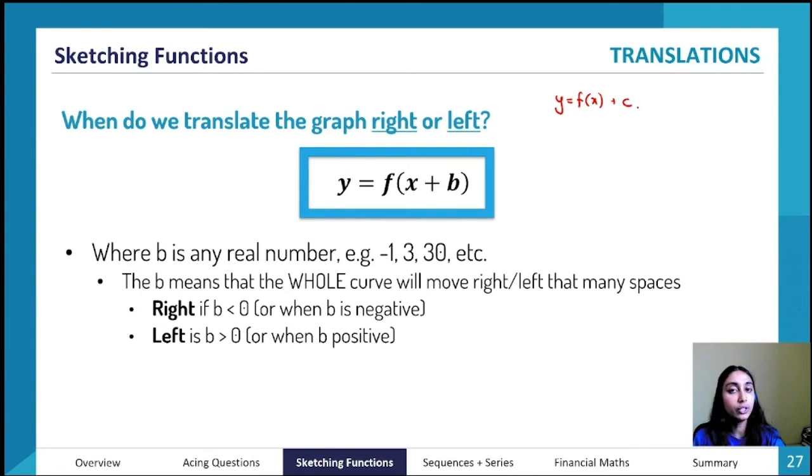So if you take a look at your C over here, it isn't actually inside with f of x the same way that B is. So C, if it's not related to x, it would need to be related to y. So it's outside the brackets, it's related to y. In the same way, our b is in the brackets with x, which means that it needs to be related to x, right?